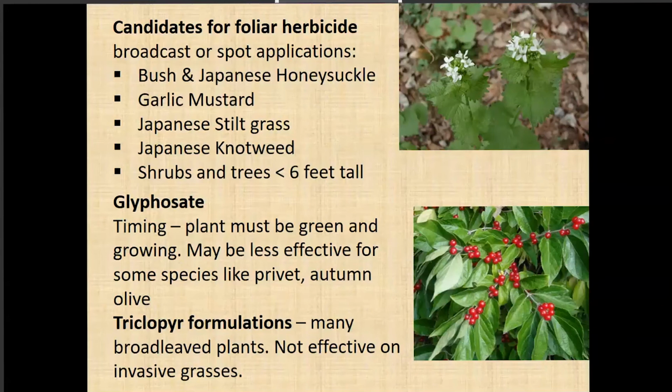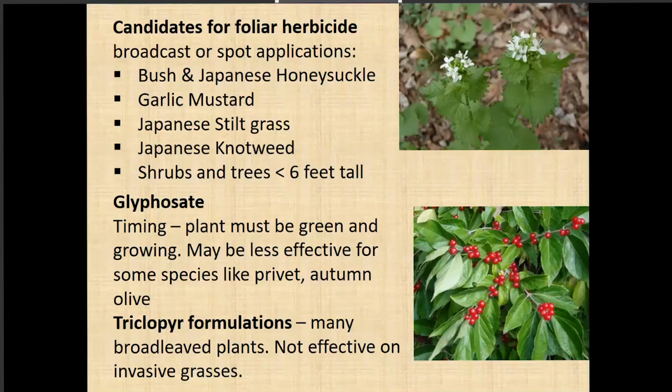Also, plants that have waxy leaf coats or really fuzzy leaves, you're going to want to add additional surfactants and penetrants to your glyphosate. So just having glyphosate in a water mix with species like privet and autumn olive, I've not had good luck with that. They tend to kind of fight it off, and so you'll need additional oils and/or surfactants to get better control.